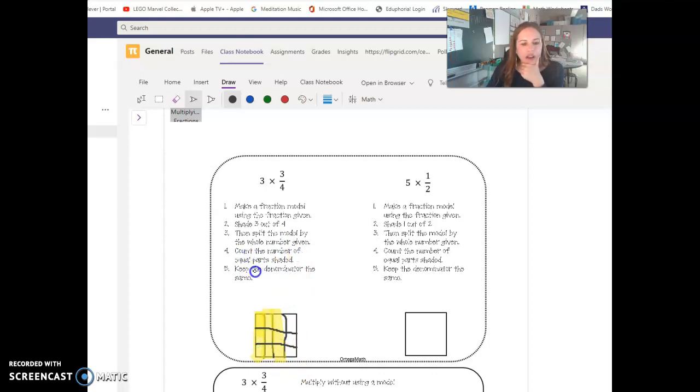Count the number of equal parts shaded. Now that I have divided it into thirds, let me count. 1, 2, 3, 4, 5, 6, 7, 8, 9. And we're going to keep the denominator the same. So I have 9 shaded parts over 4. So if I said 3 times 3/4, I would get 9/4.